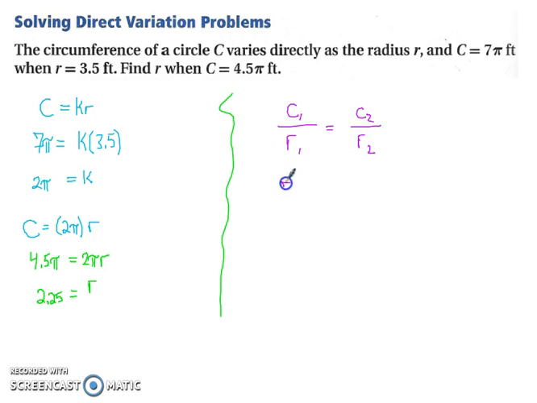So that would mean you'd have 7 pi over 3.5, because your circumference of 7 pi goes with your radius of 3.5, and that's going to equal 4.5 pi over your unknown value. And when you cross multiply, so multiply 4.5 pi times 3.5 and then divide by 7 pi, you end up with r equals 2.25. So either way, it brings you to the same ending.